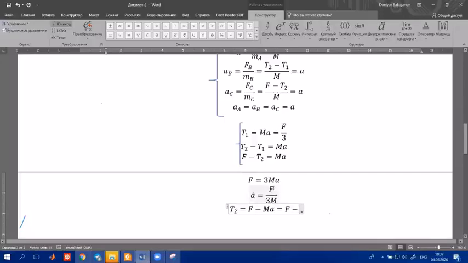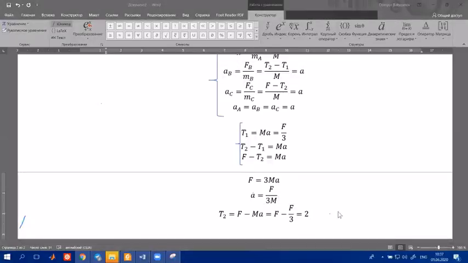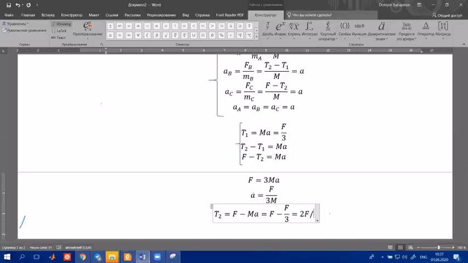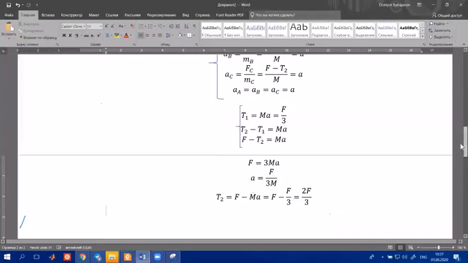And when you substitute A to here, m cancels out, you get F over 3. And F minus F over 3 is 2F over 3. This is T2. So we found tension 1 and tension 2. Tension 1 is F over 3, and tension 2 is 2F over 3.